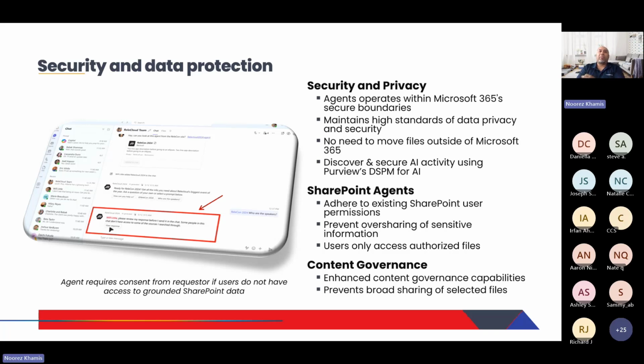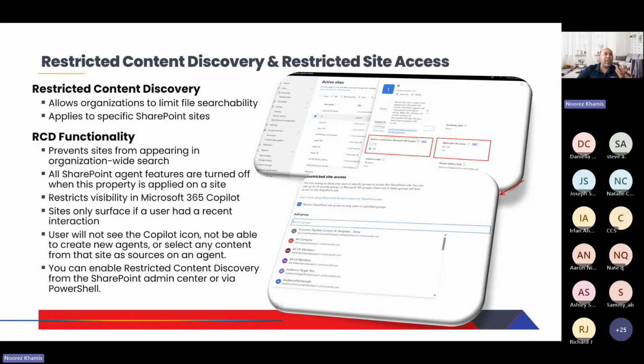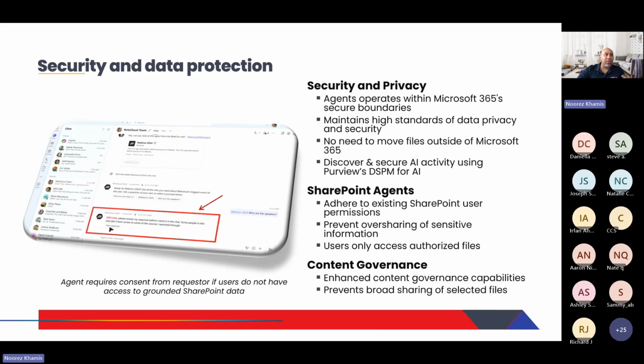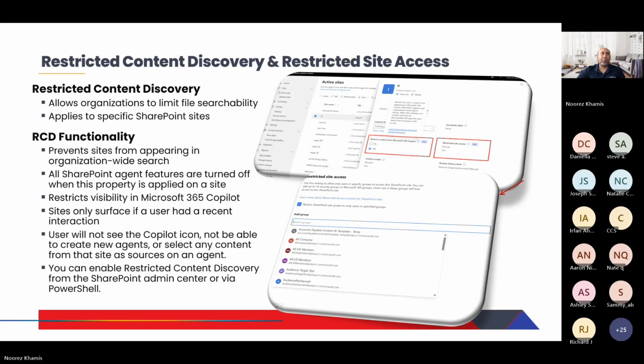And then from a content governance perspective, it has enhanced content governance capabilities, and it prevents broad sharing as well. The great thing is that the agent requests consent from the requester if the users don't have access to some of the grounded SharePoint data you gave it. There's also this concept of RCD and RSA, so restricted content discovery and restricted site access. Those are enhanced capabilities within your SharePoint Administration Center.